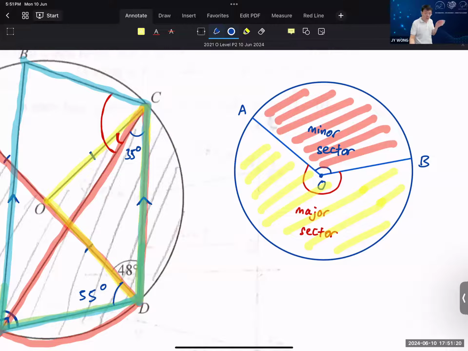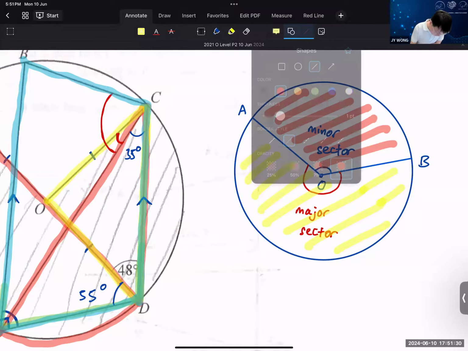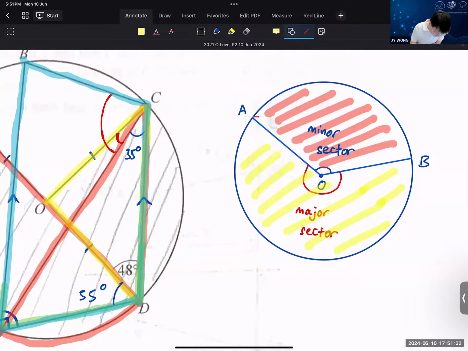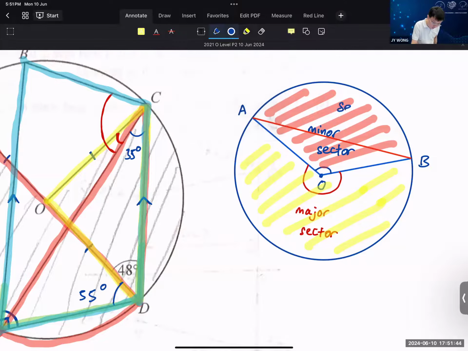The major sector is determined by the larger angle. Okay, so that is what sectors mean. Then the other thing that sometimes students get confused by is what? If I draw a line across like that, this is called a segment.